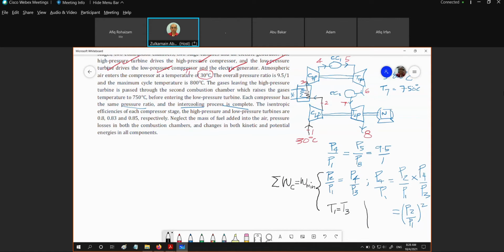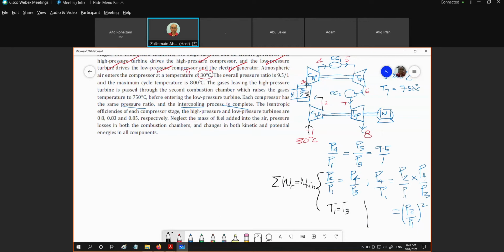Right? Okay. And then we have the isentropic efficiency for each compressor stage, high pressure, low pressure turbine as 0.8, 0.83, and 0.85. Meaning that apart from the 8 states, we are also having extra temperatures that we have to look for because of this isentropic efficiency.